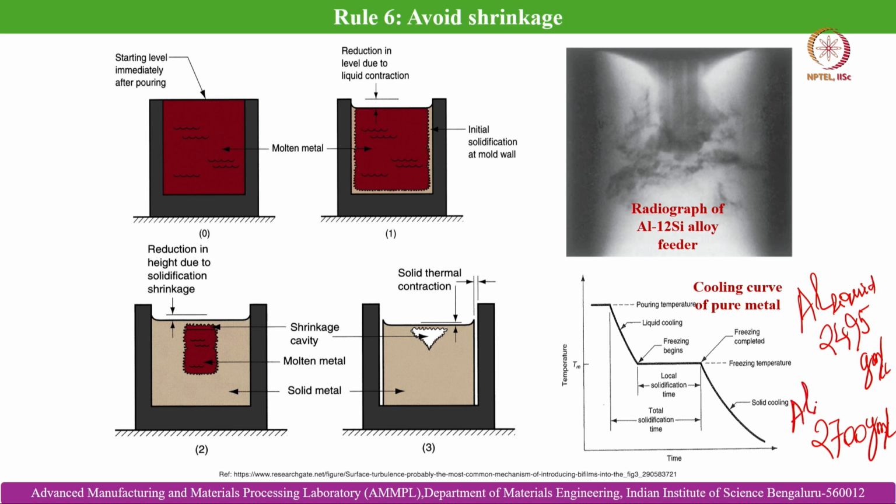Because of this density change, there is a shrinkage experienced by the solidifying object, and that shrinkage is called solidification shrinkage. Apart from that, there are two other shrinkages. One is because of the decrease of temperature of the liquid melt, which is called liquid shrinkage, and the other is solid shrinkage, which happens due to the decrease of temperature of the solidifying object post solidification.